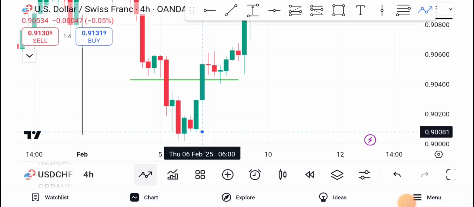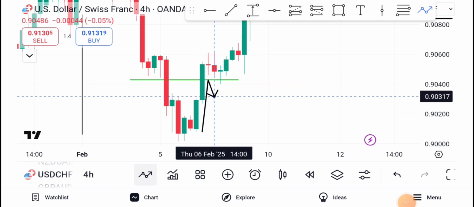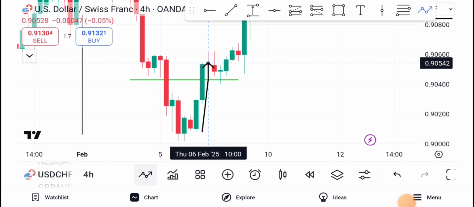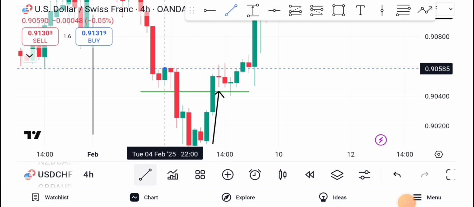That's what I mean. After drawing this zone on the curve, I would have been waiting for the retest here. But I see how this candle broke through. So seeing this, I'll know that the market is no longer going to be selling.